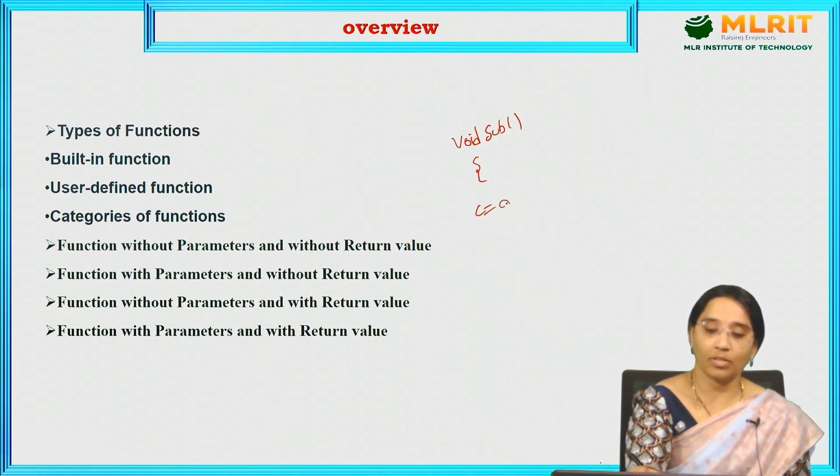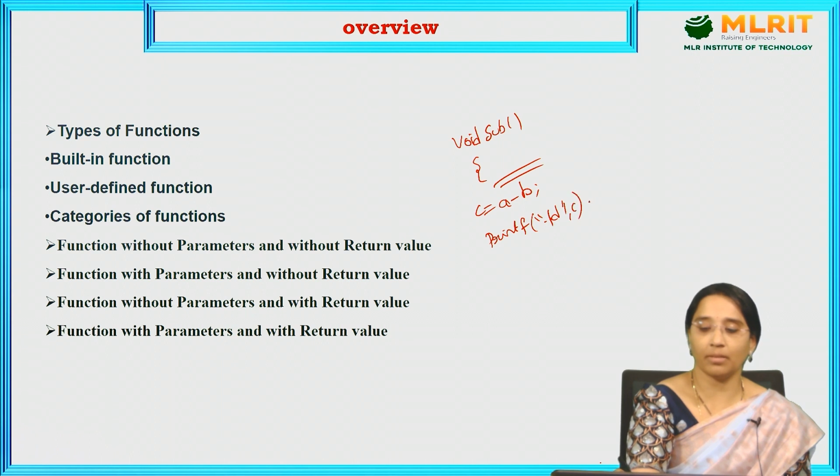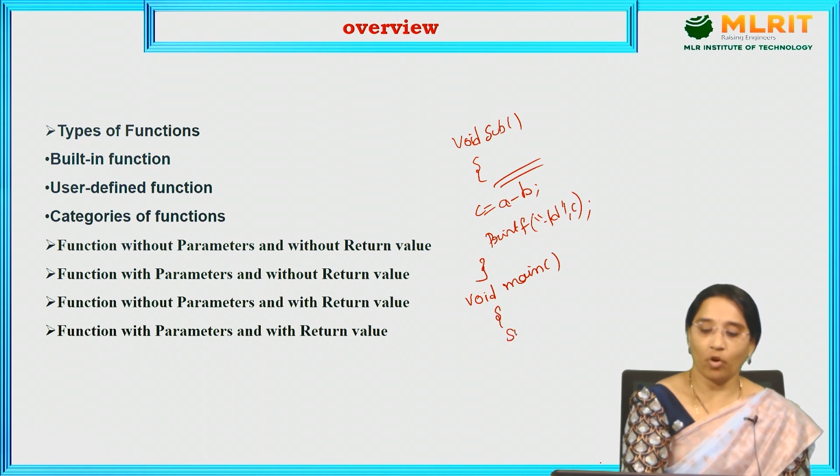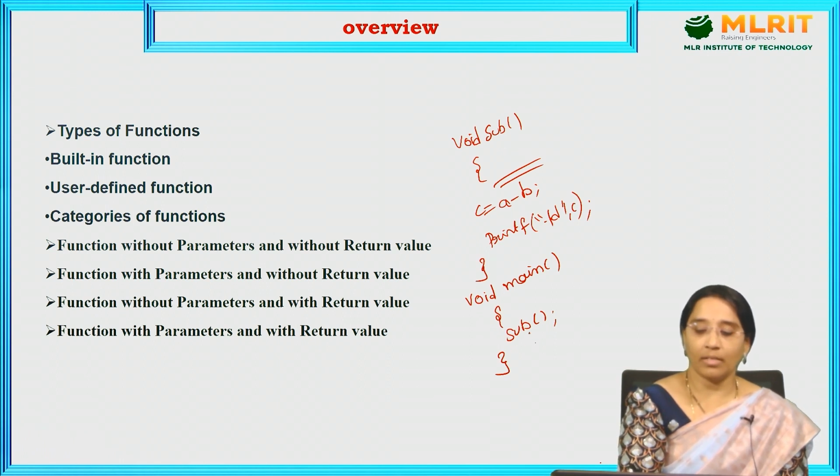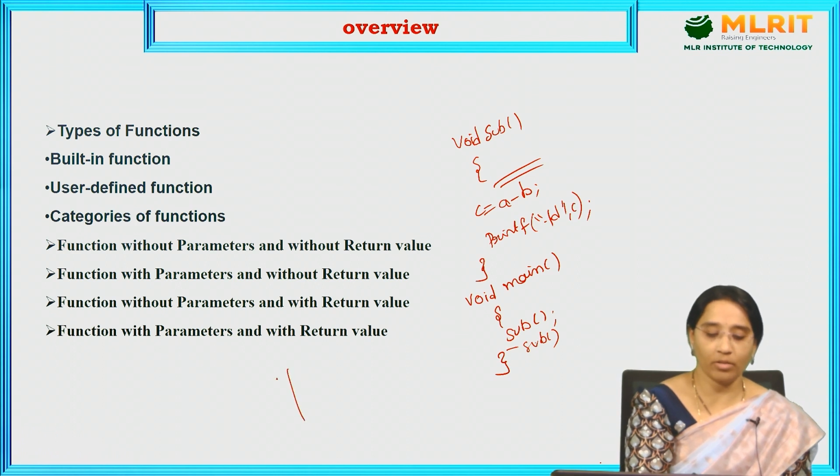C equals A minus B, printf and scanf, %d comma C. Next, void main. I have called the function sub. For this one time, it will execute this code. And suppose I write sub again here, what will you get on the output screen?